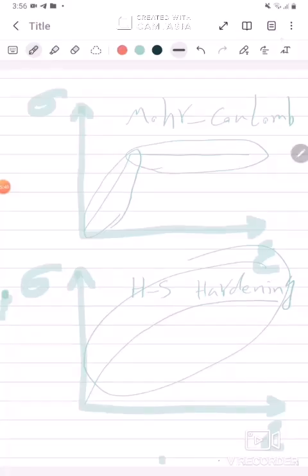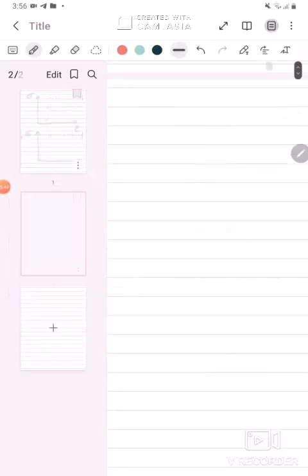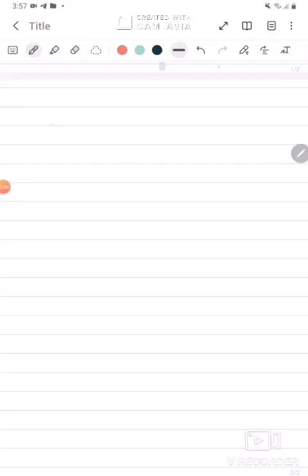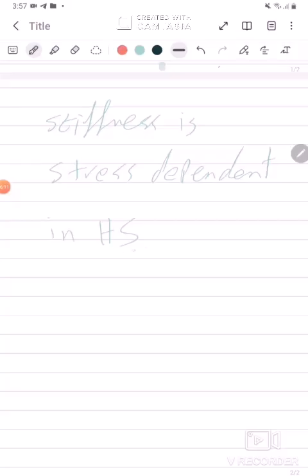We can say that the stiffness is stress dependent in HS, but not in Mohr-Coulomb.